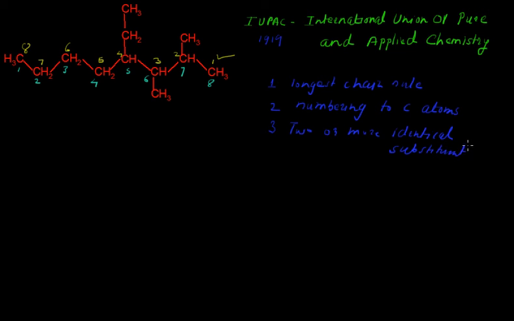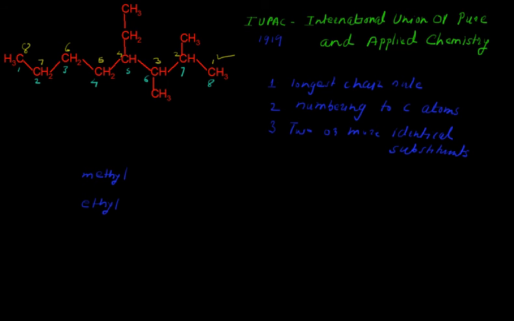According to this rule, if two or more identical substituents are present, use an appropriate prefix like di, tri, tetra and so on. Now in this case, we have two kinds of substituents. So one is methyl, so let me write that, methyl, and the second one is ethyl. So we have ethyl.